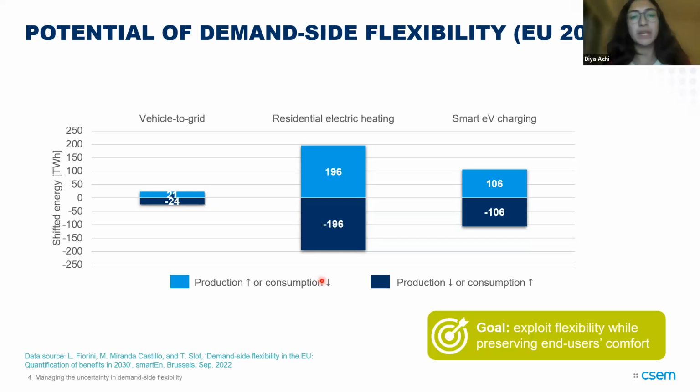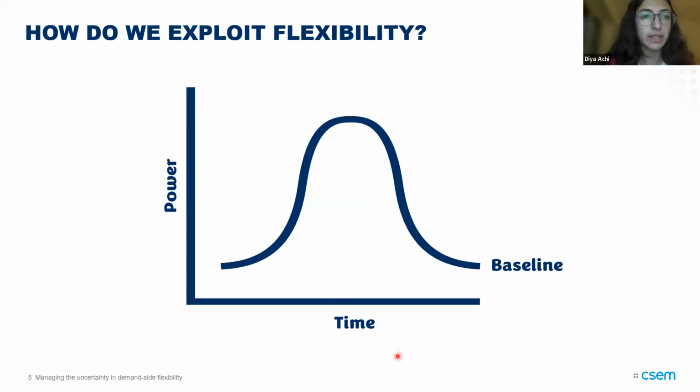And so our goal is to be able to exploit this demand-side flexibility that has a clear potential, while preserving the end user's comfort, but also preserving the functionalities of the assets. The first step in exploiting the flexibility is to be able to quantify it.